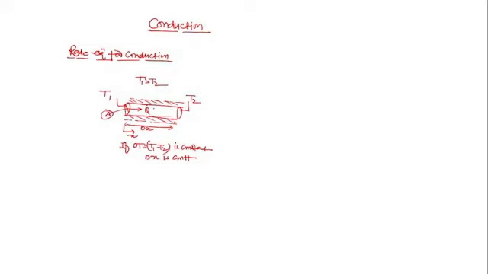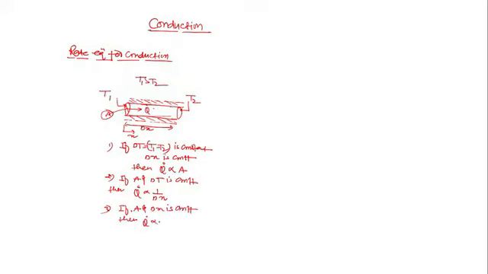Second, if area and delta T are constant, Q is proportional to 1 upon delta x, inversely proportional to length in the direction of heat transfer. And third, if area and delta x are constant, Q dot is proportional to delta T, the temperature difference. Clear?